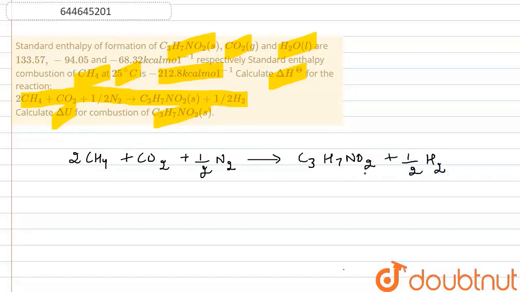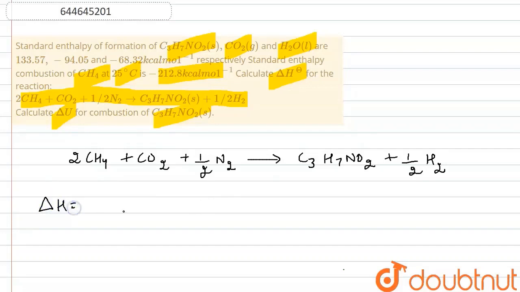So this is the reaction which is given to us. Now we have to find out the enthalpy of formation of methane here, right? For this particular reaction, now we have been given the values. So utilizing these values, we can easily calculate the value of delta H.